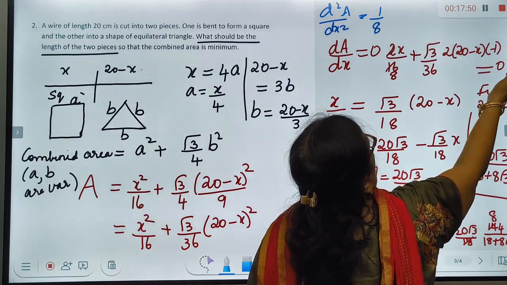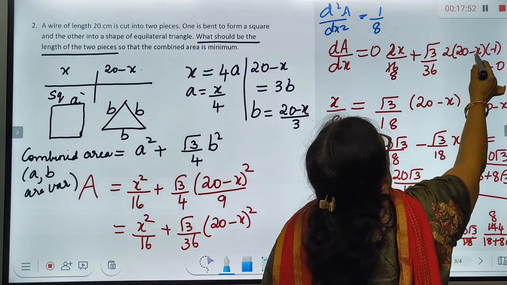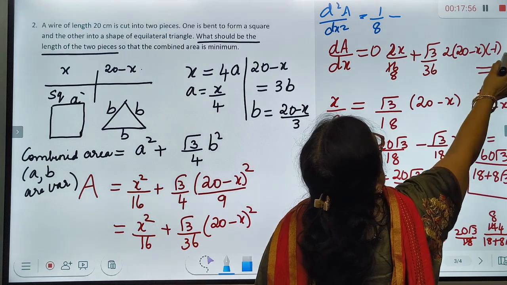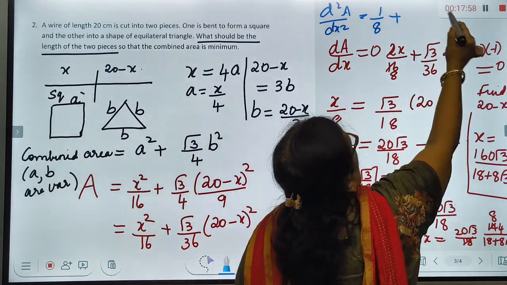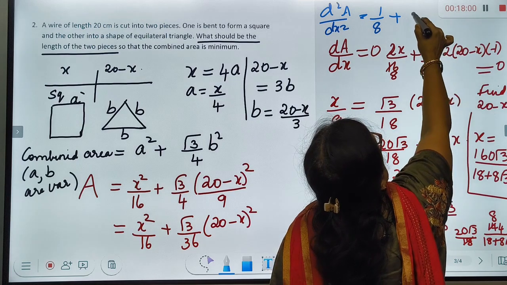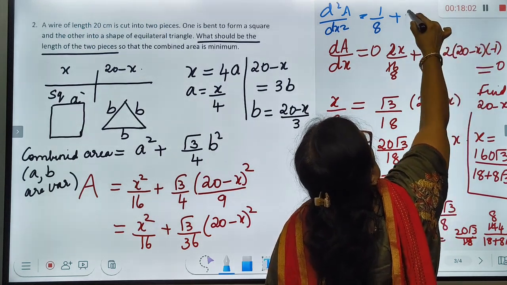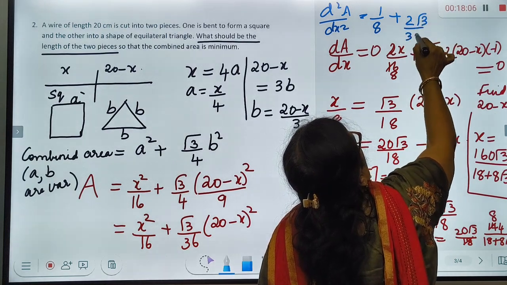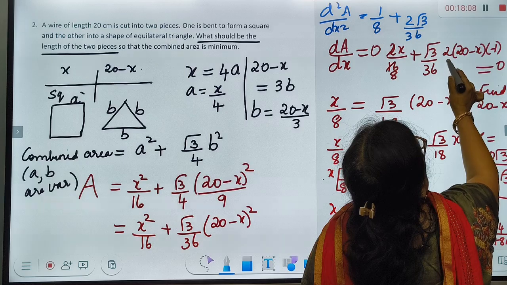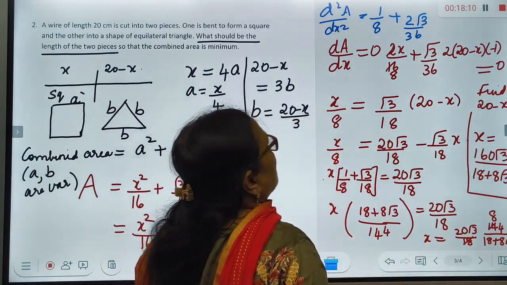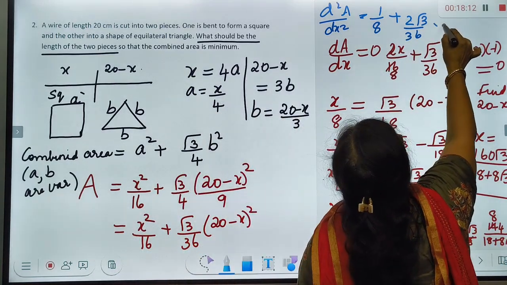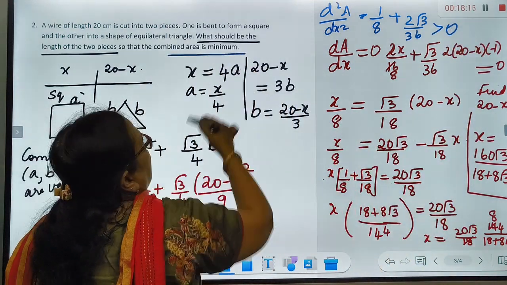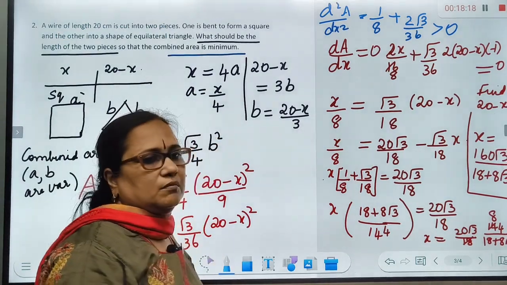The constant will become 0. So, what will be here? Minus into minus will be plus. What is the coefficient of x? 2 root 3 by 36. Root 3 by 36 into 2. As you can see, it is greater than 0. Therefore, the combined area is minimum.